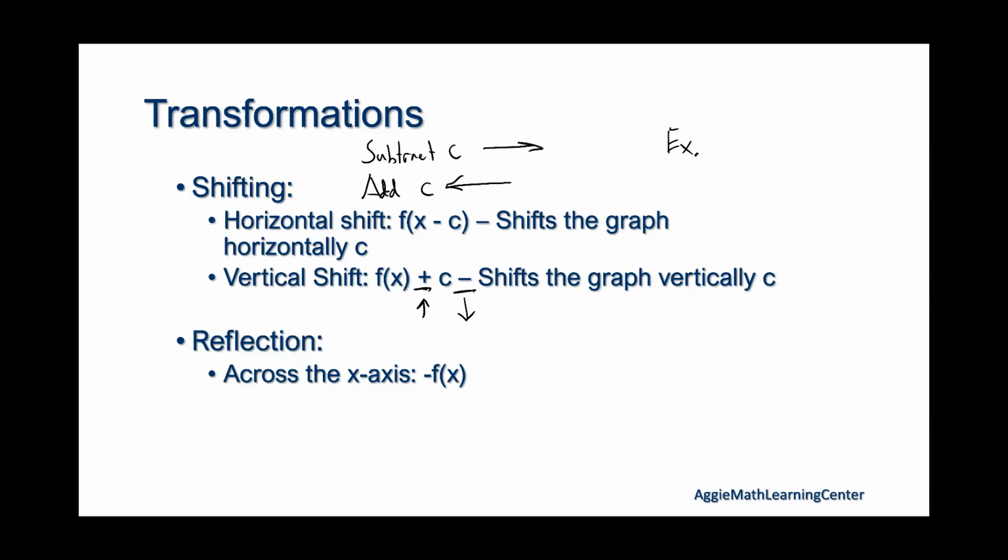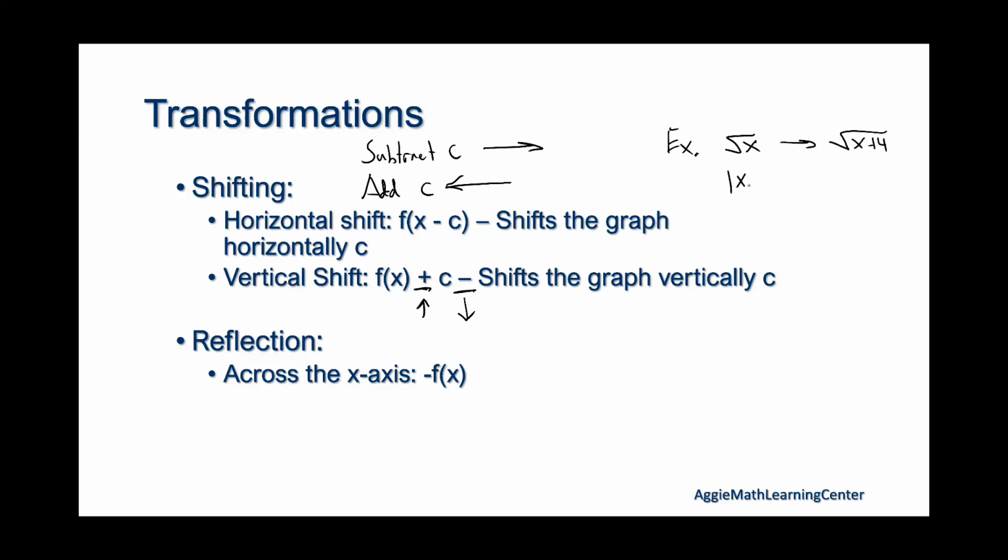When we're shifting horizontally, we're going to change what's inside the parent function. So if I'm taking the square root of x and I want to shift it to the left 4 units, it's going to become the square root of x plus 4.